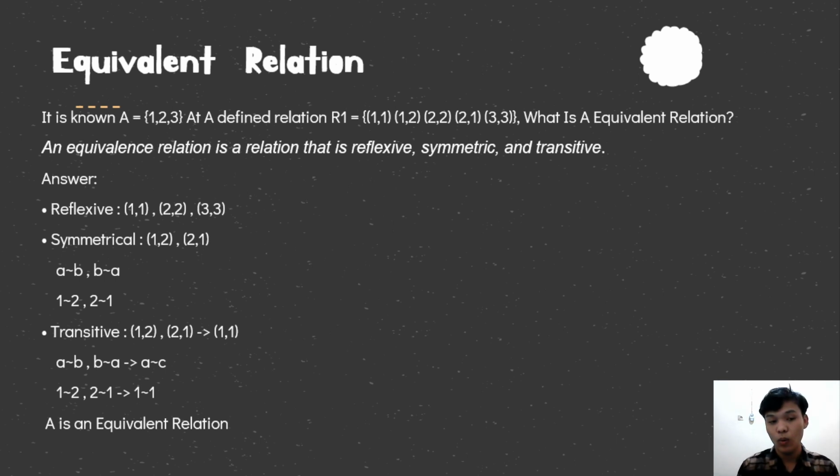Transitive: (1,2), (2,1), then (1,1). So A relation B, B relation C, then A relation C; or 1 relation 2, 2 relation 1, then 1 relation 1. So it is an equivalent relation.